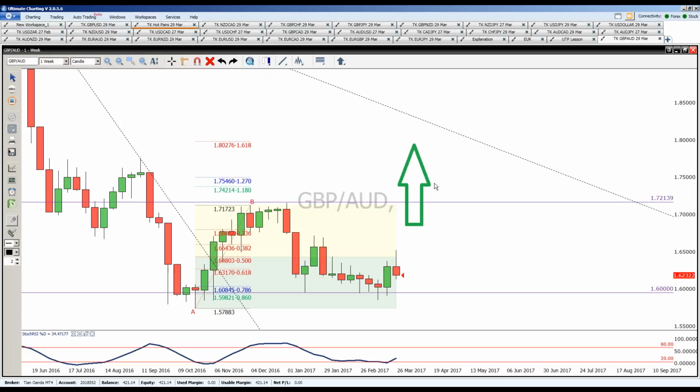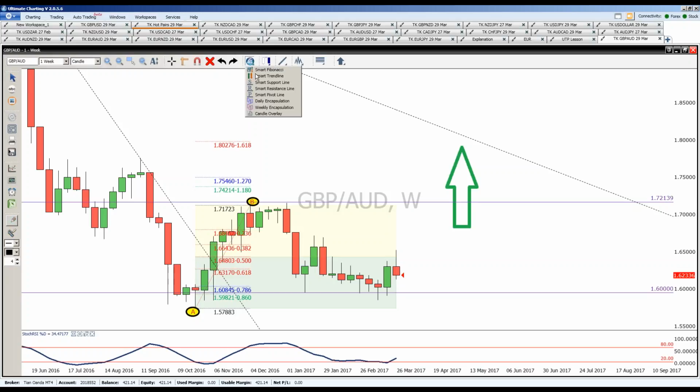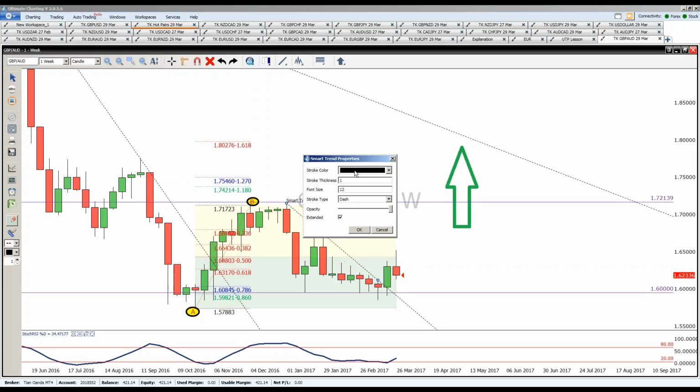There we go. We have an A at 1.5788. We have a B at 1.7172. Then the market retraced and broke a counter trend line to the upside over here. That was the counter trend line that was broken.